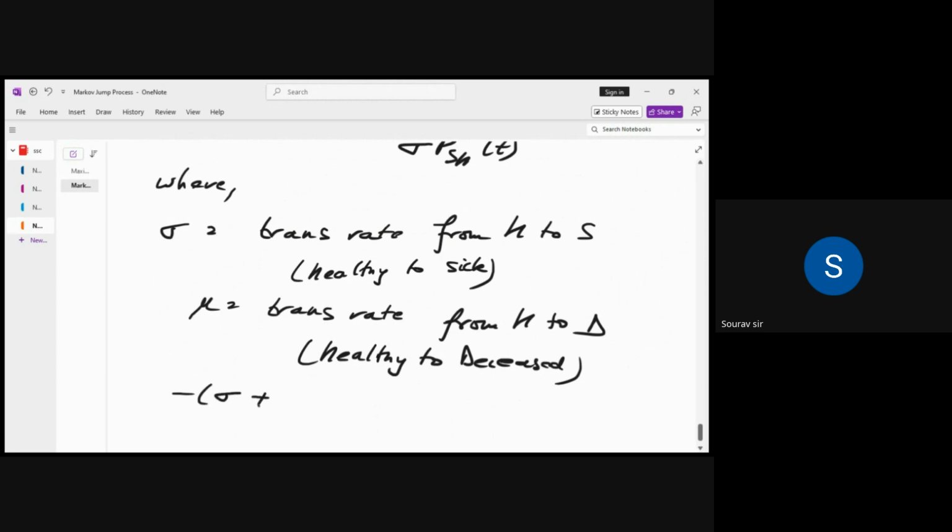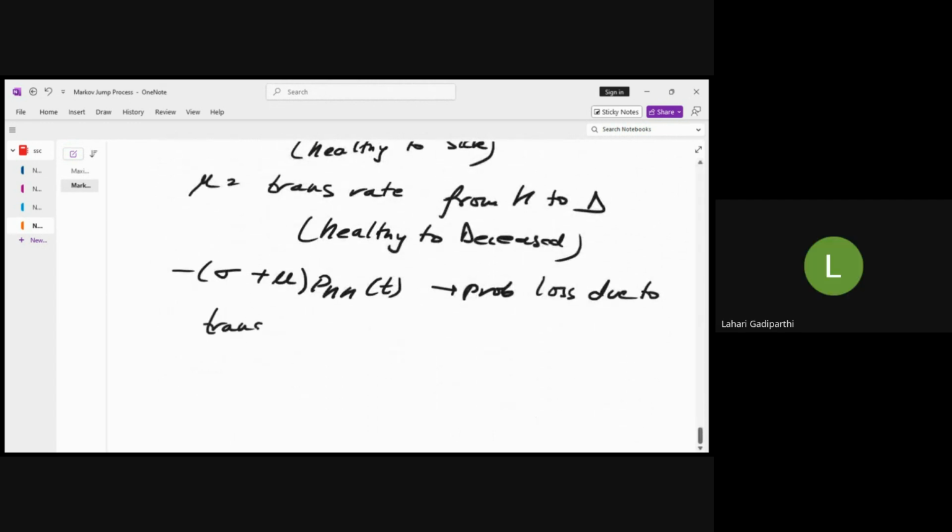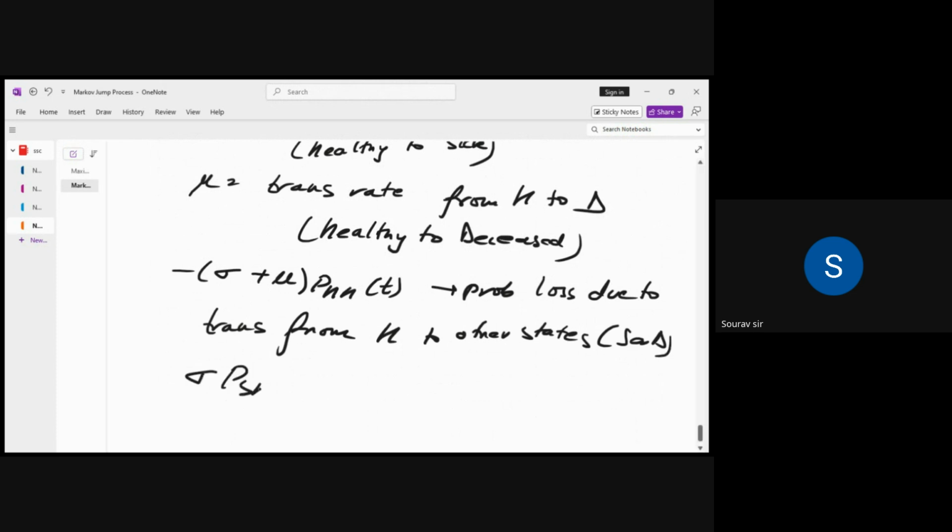And the minus term for lambda plus mu times P_HH(t) accounts for the probability loss due to transition from H to other states, so S or D. And this P_SH(t) means the probability of transitioning back to H from S.